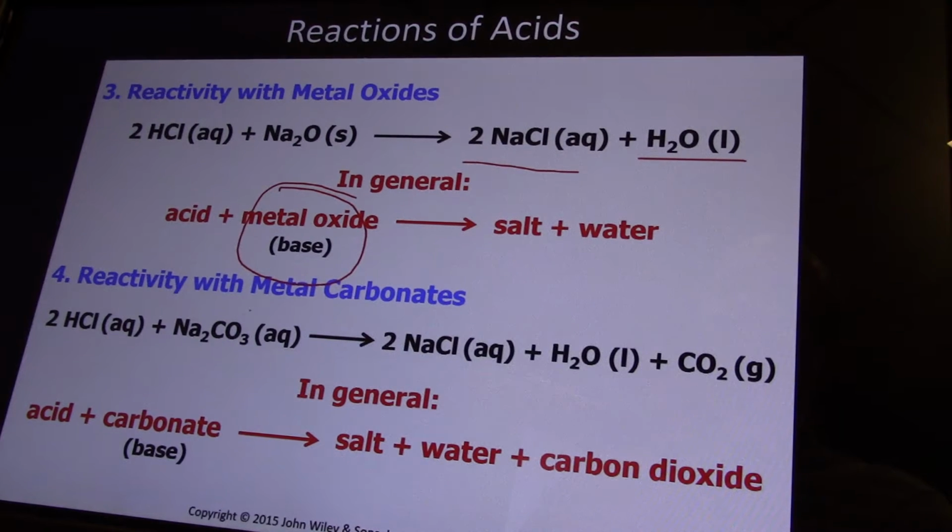Reactivity with metal carbonates. As we said, when an acid reacts with a carbonate, you first form carbonic acid, but that is inherently unstable. So the carbonic acid rapidly breaks down into water and carbon dioxide. This is why carbon dioxide is an acid anhydride, because carbon dioxide can react with a molecule of water and form carbonic acid.